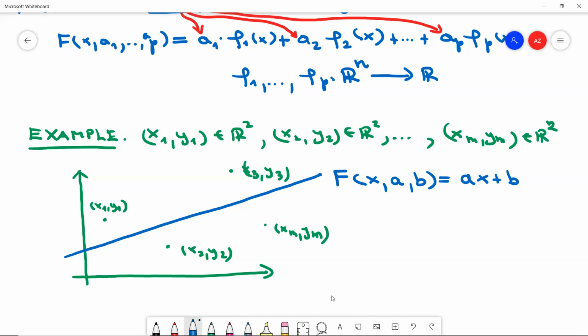And you are searching for this line in such a way that the sum of yi minus (a xi plus b), squared, when you sum over all points, is the smallest possible.